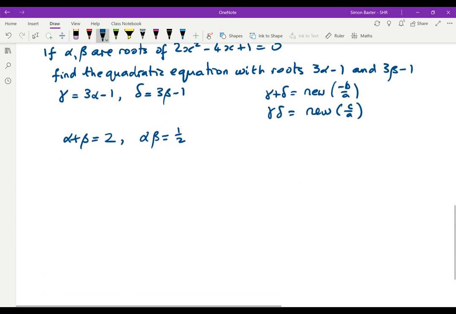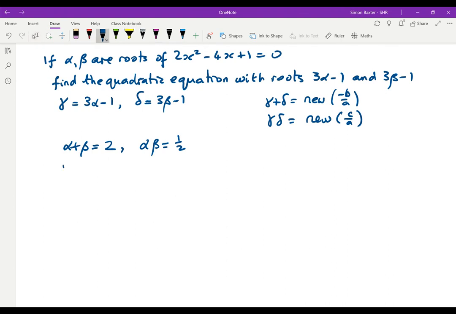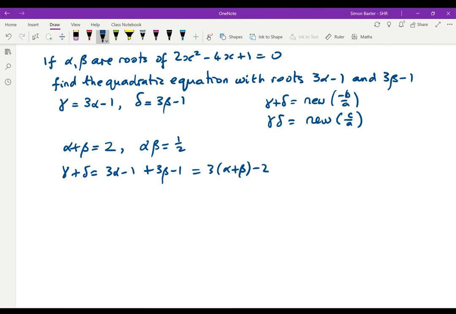Now I'm in a position to look and see what gamma plus delta is. Gamma plus delta is 3 alpha minus 1 plus 3 beta minus 1. That's 3 times alpha plus beta minus 2. Alpha plus beta, if we look just above, is 2.